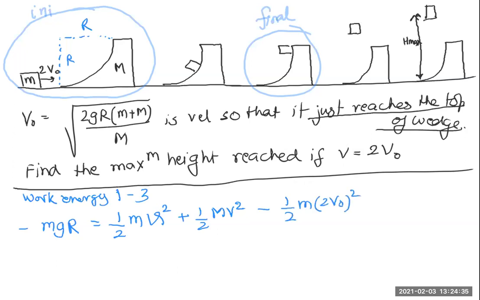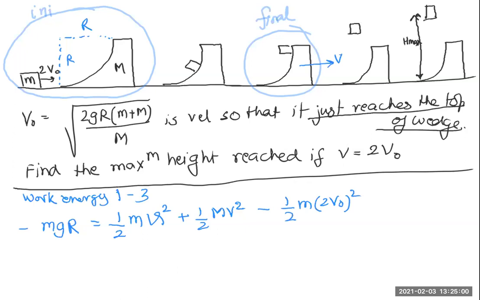Now v naught is known to us previously. We have worked out the value of v naught, root of 2 gr times (m plus m) upon m. This v that I have written is the velocity of the block, velocity of the wedge at this moment in time.